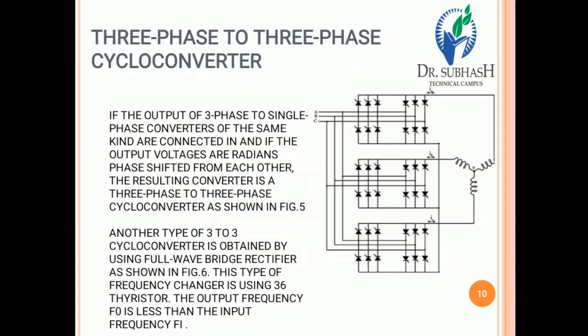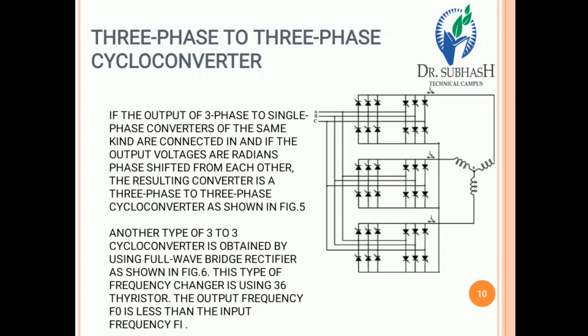Now that one is the last and important, the three phase to three phase cycloconverter, right? So dear students, the three phase to three phase cycloconverter can be designed by two different methods.